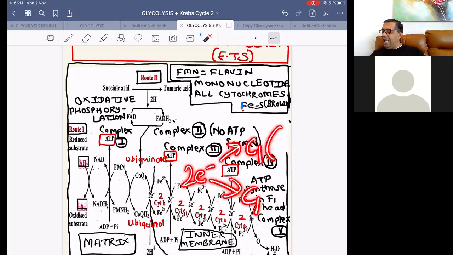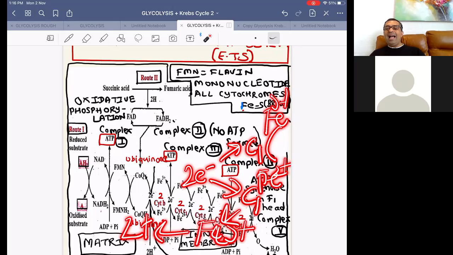And again, Fe triple plus will become Fe double plus. यहाँ पर भी Fe triple plus will become Fe double plus.